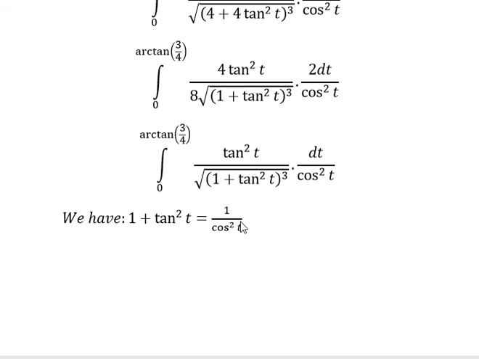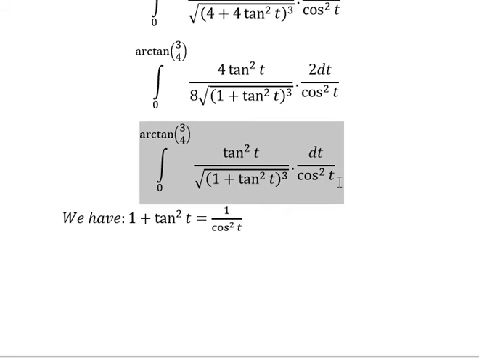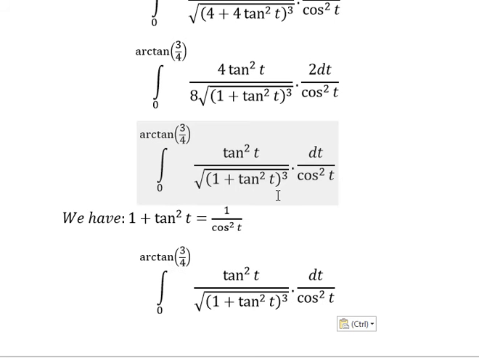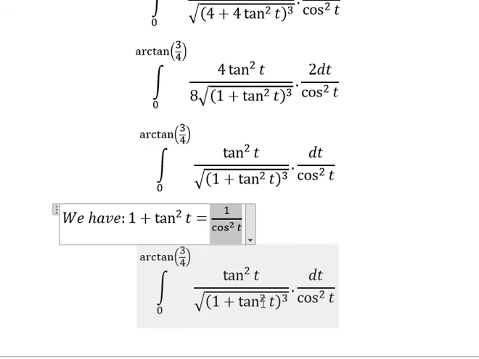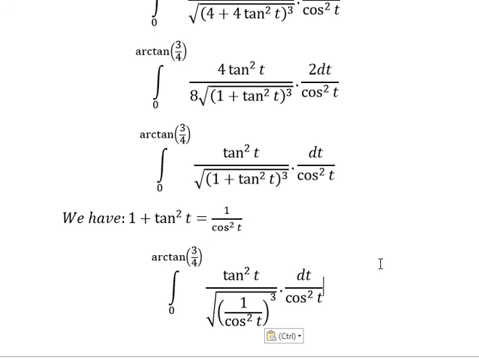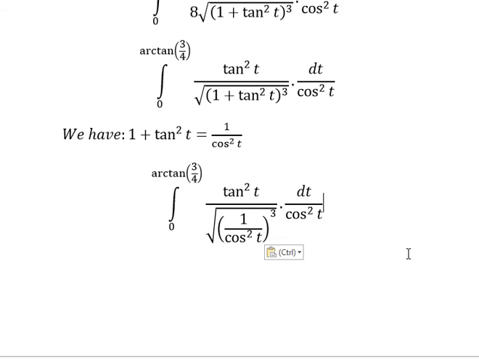So we change for this one. We have 1 over cosine t squared multiplied with number 3, you get 6. 6 divided by 2, you get 3.